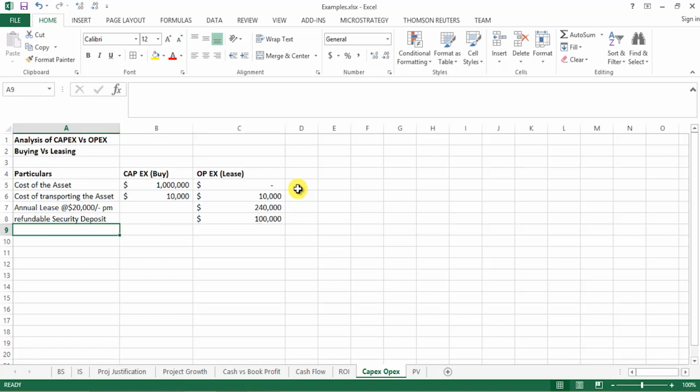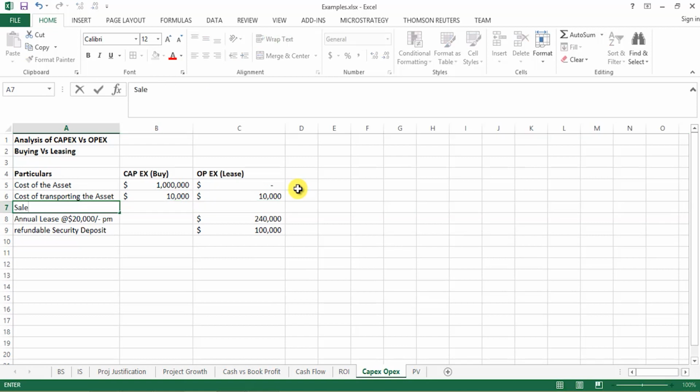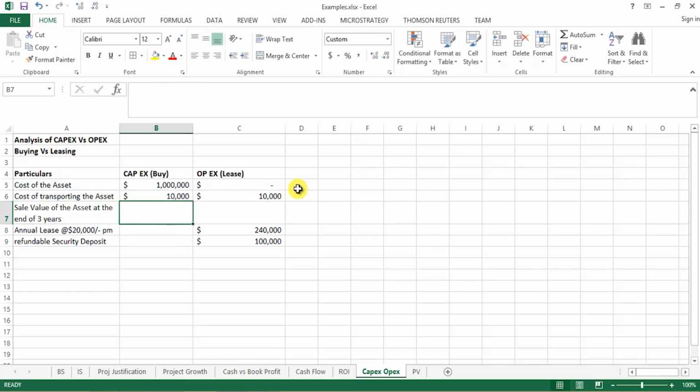Over here we'll put the sale value of the asset at the end of 3 years. Say we charge a depreciation of around $150,000 a year, so that's going to be $450,000 for 3 years on a straight-line basis. We're taking a 15% depreciation.